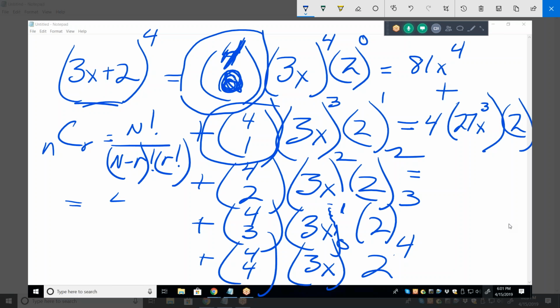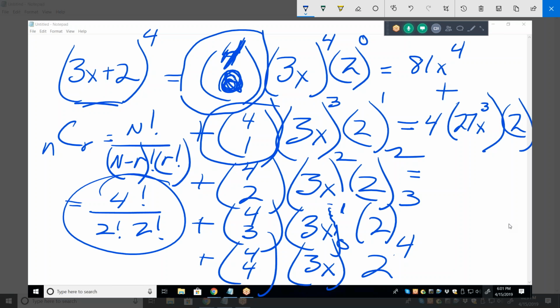It's 4 factorial over 2 factorial times 2 factorial. One of those 2 factorials takes out the 2 and the 1. So now we have 4 times 3 divided by 2. What's that number? Let me just be clear here, because I'm sensing you're not totally getting this.